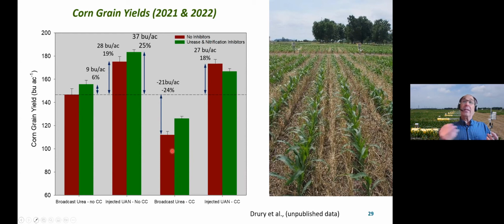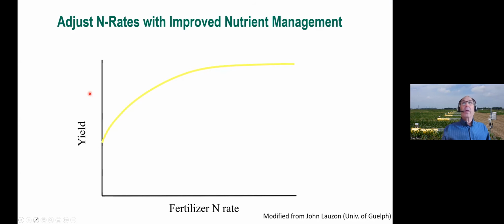So you can, in fact, depending upon how you manage nitrogen, have these high yield penalties at times with cover crops, but you can overcome these by putting the nitrogen lower into the soil, probably about 3 inches, and there we're seeing these yield benefits with injecting and with the cover crop, where we can see up to 18% or 27 bushel benefit of injecting with the cover crop compared to broadcast urea.